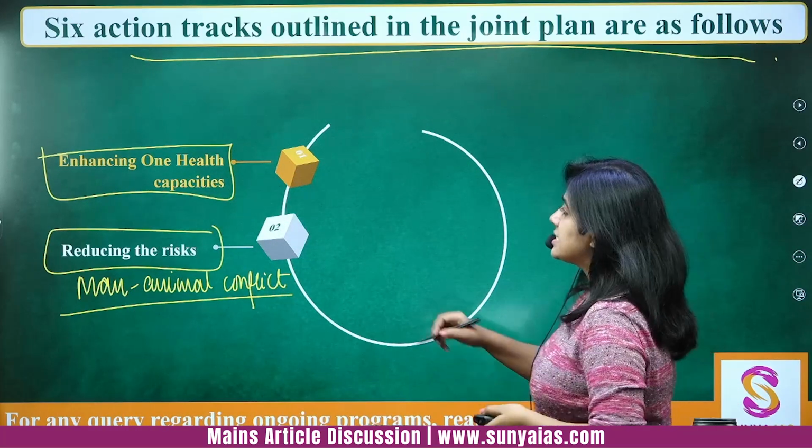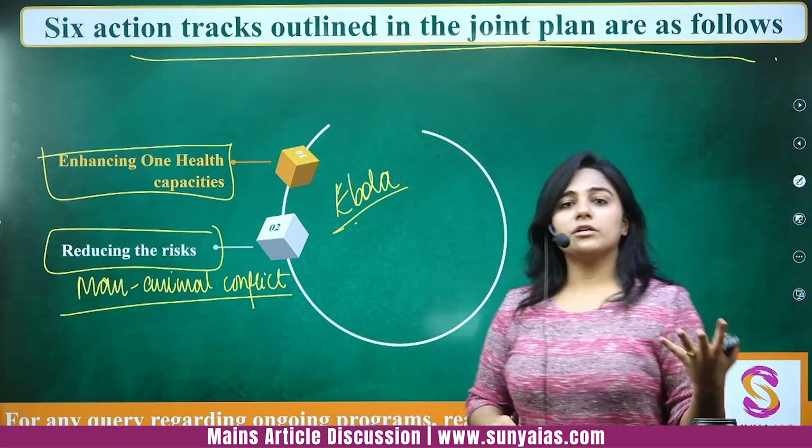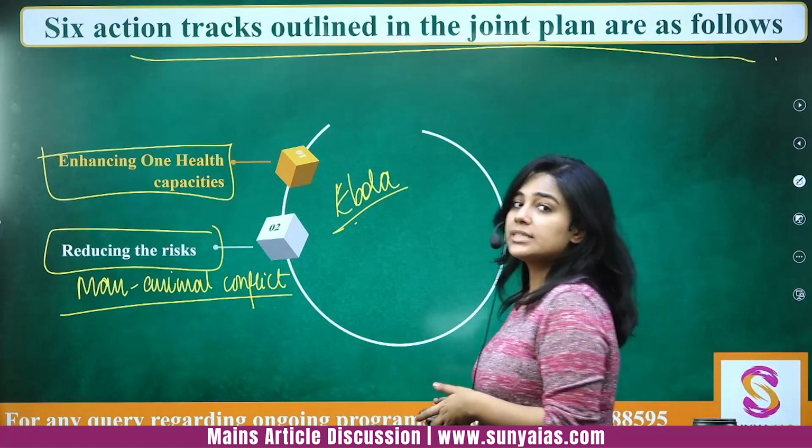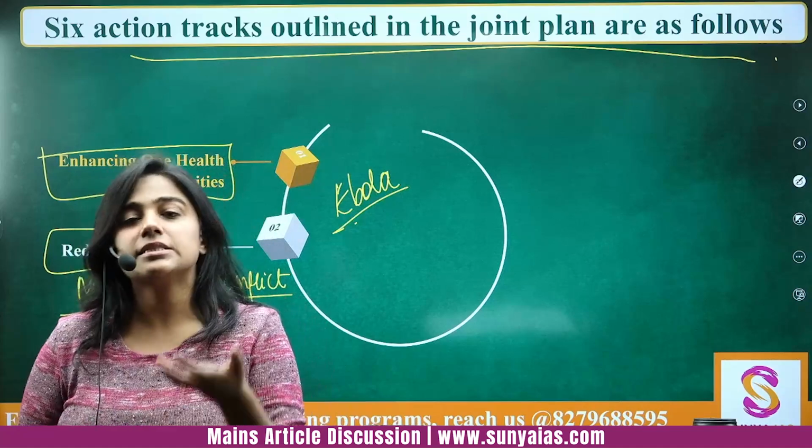Why do diseases like Ebola emerge from the African continent? These are zoonotic diseases. Why do they emerge from Africa? Because Africa has one of the densest forests.